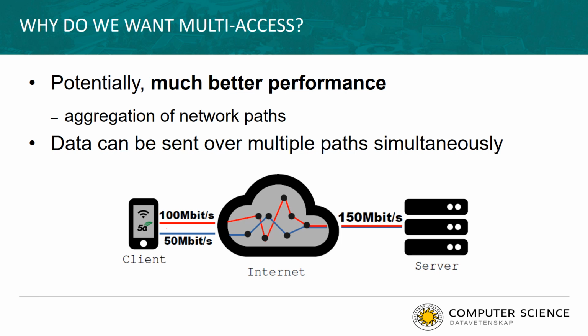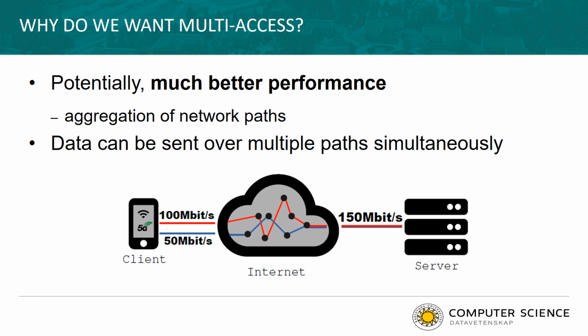And why would we then want to do that? Well, potentially, maybe we can get a much better performance this way. We may be able to aggregate communicating over multiple network paths. So if we send data over multiple paths, in this simple example in the slide, we have two connections available, one providing 100 megabit per second throughput and another one a 50 megabit per second throughput through the client.